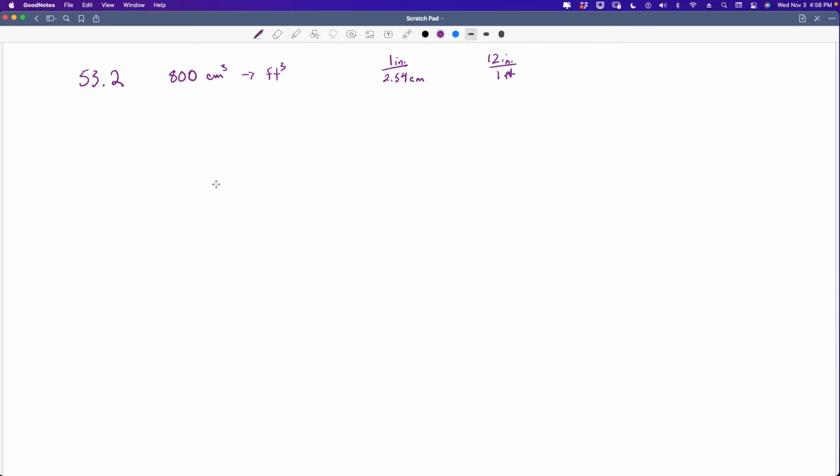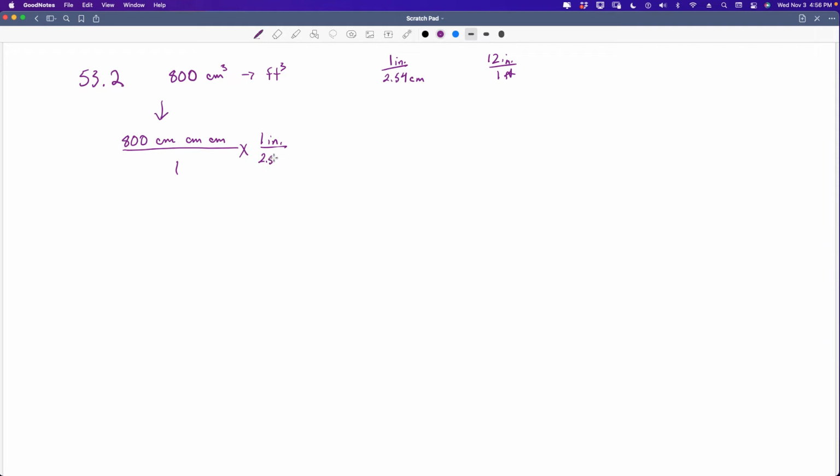So the old way first, we would bring down 800 and we would say 800 centimeters 3 times. Centimeter, centimeter, centimeter, all over 1. And we would start the process. First, we need to convert centimeters to inches.